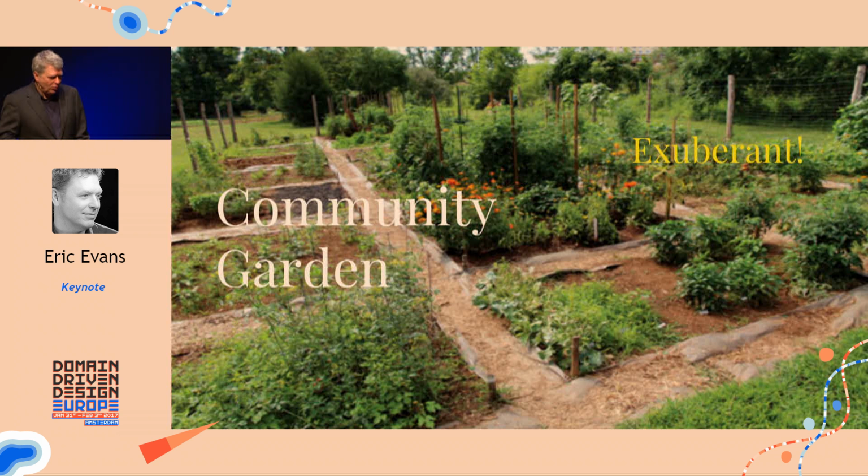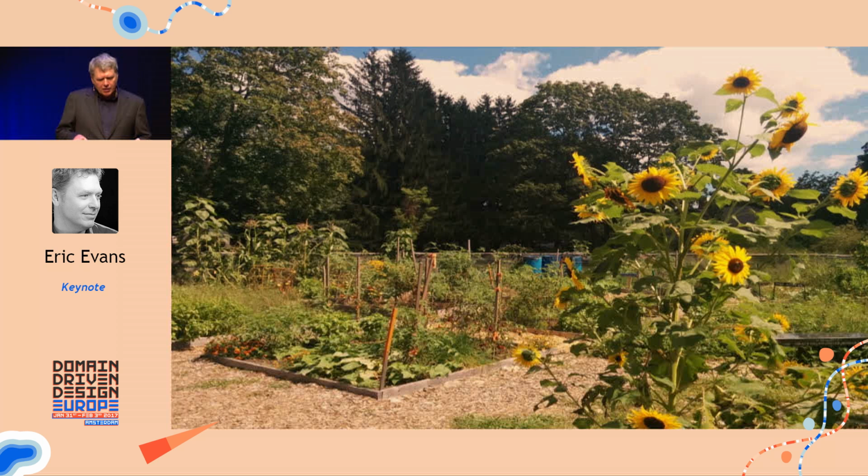It's got kind of wild variation within it. But there's an exuberance to a community garden. But community gardens are not just free-for-alls. They don't happen just because you say, well, here's some space and now everybody go and garden.